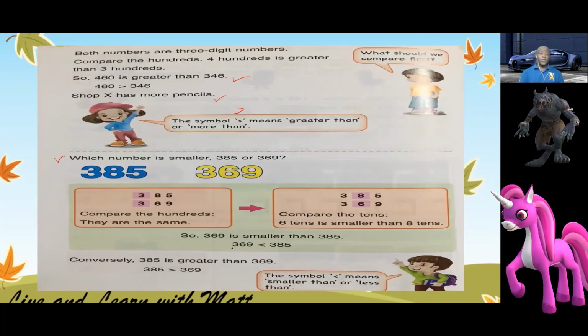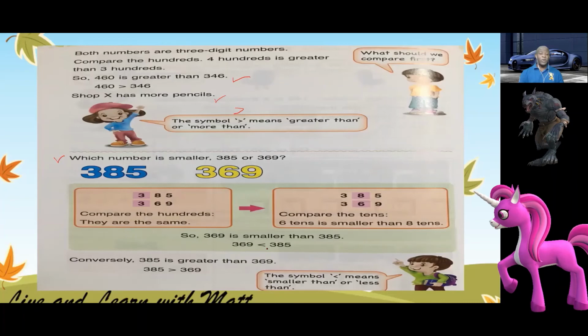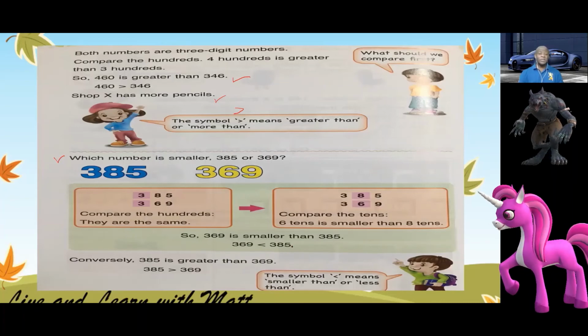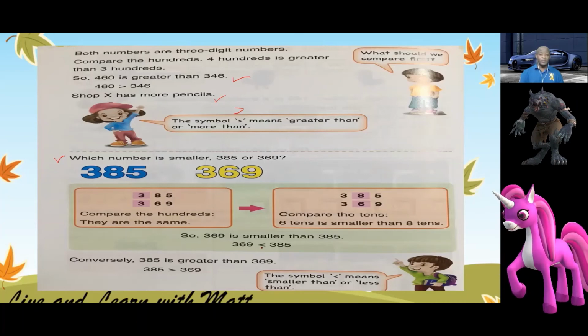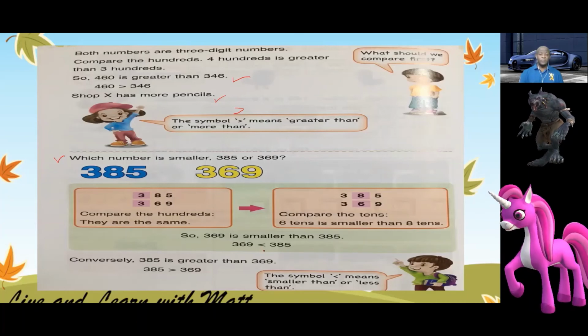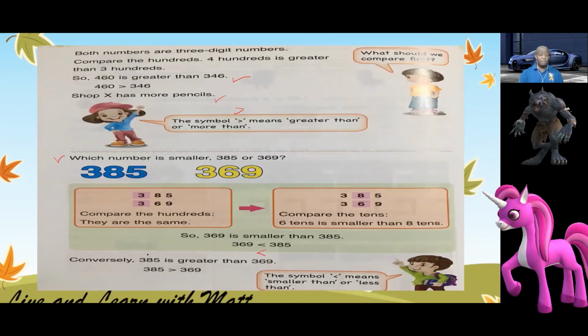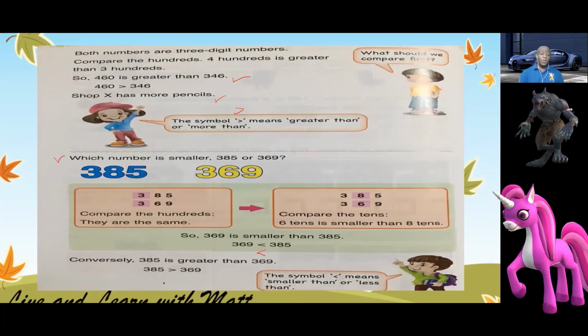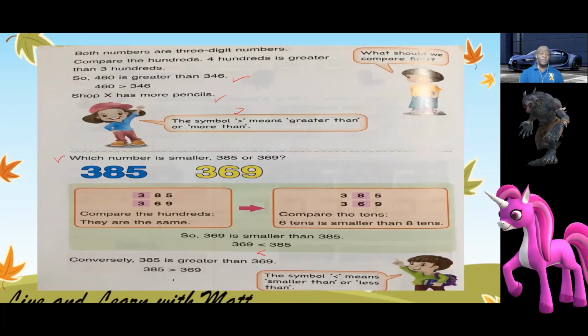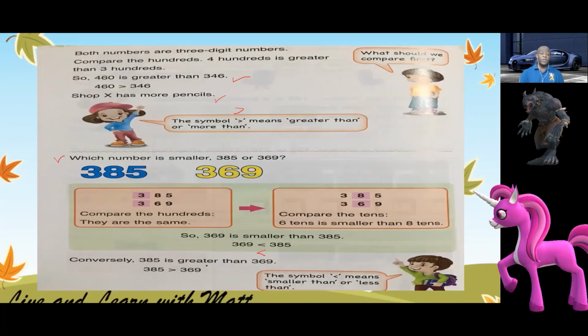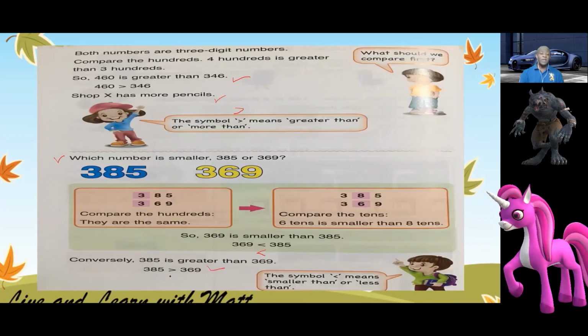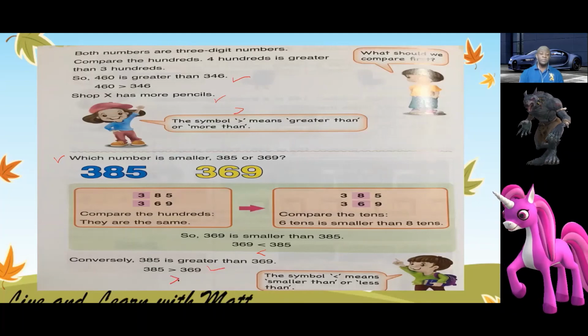So therefore 369 is less than 385. This sign means less than. Or we can also say 385 is greater than 369. This sign is greater than.